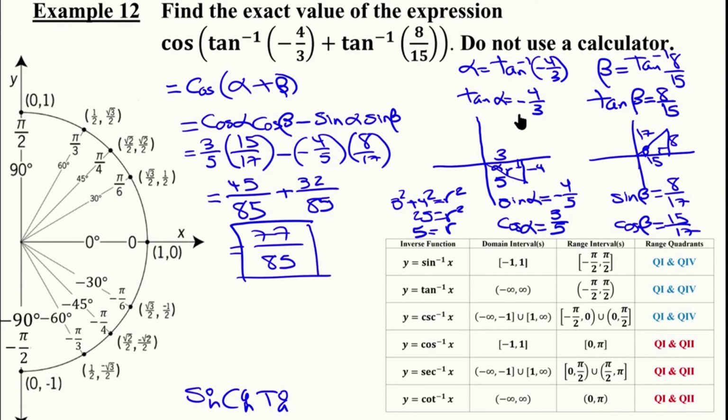So no panicking, just set up different triangles, and that's as simple as it gets. Keep your quadrants in mind, because that's how you're going to set up your triangles depending on what the inverse trig function is. And that's it. You should be good to go.